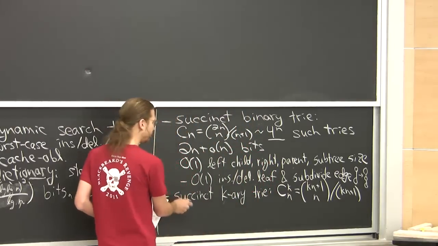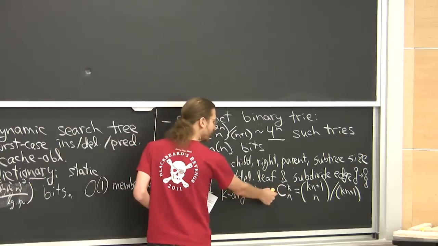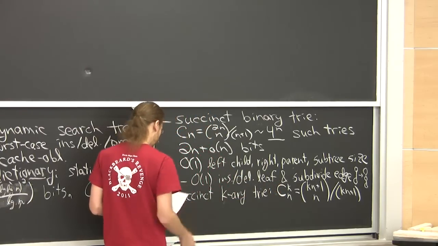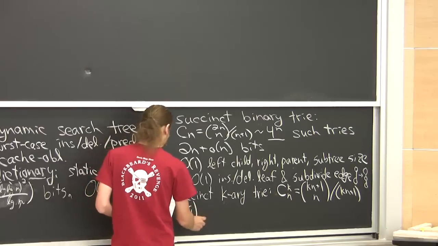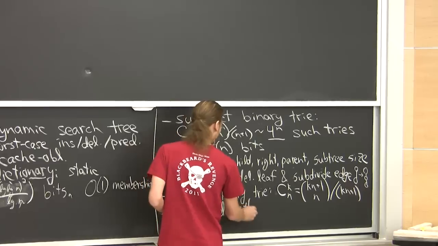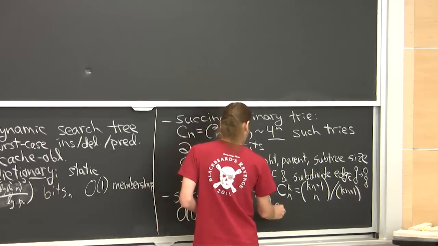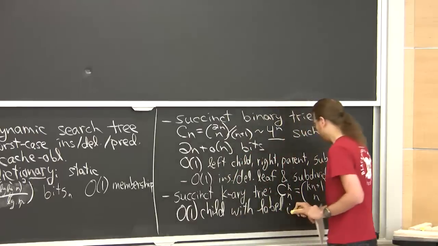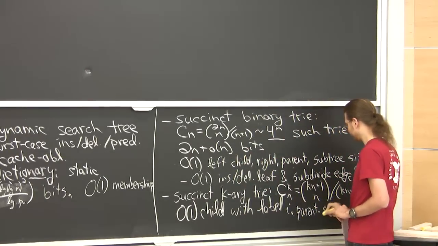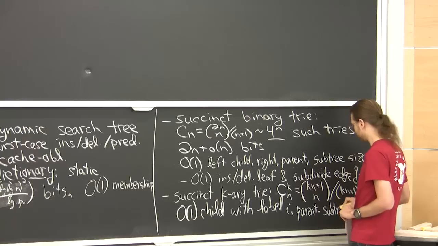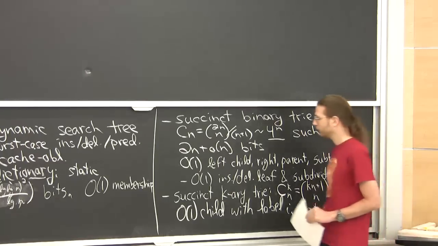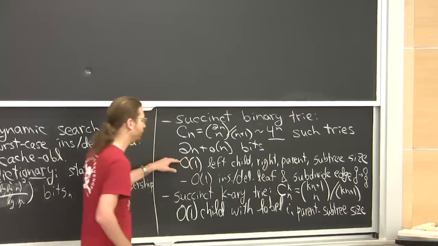And so it's succinct, meaning we can achieve log of that plus little o of that bits. And the queries we can achieve in constant time are child with label i, and parent and subtree size. So we can do all the things we were able to do before.